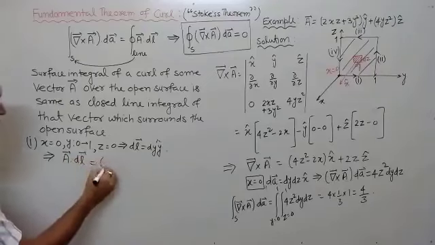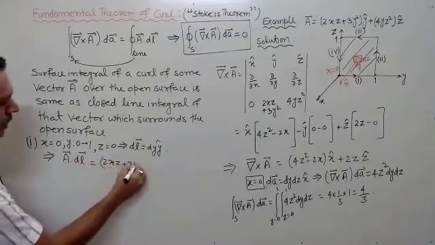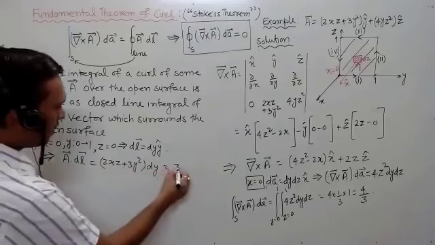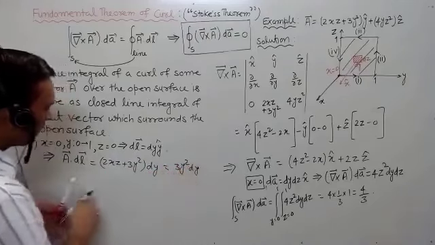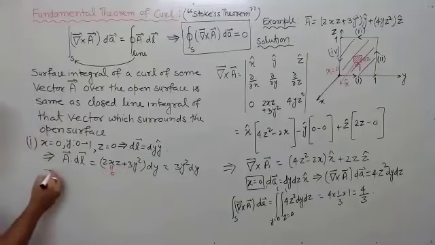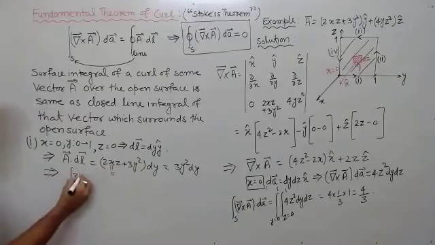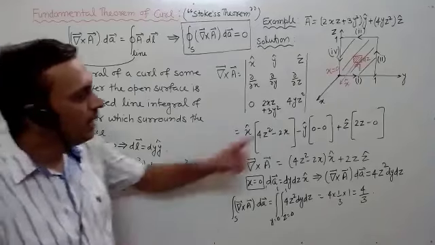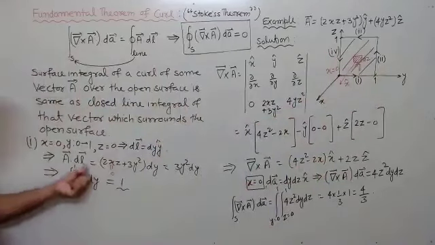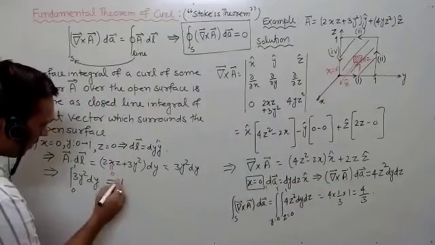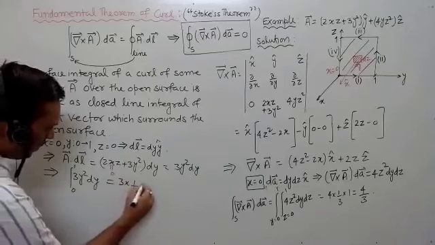A dot dl will be 2xz plus 3y square dy, and since x is 0, this is simply 3y square dy. Put x is equal to 0. So this gives the integral of 3y square dy with limits 0 to 1, which gives 1. The line integral along segment 1 will be 1, because this is y cube by 3 from 0 to 1, so the 3 will cancel out. You can see this is 3 into 1 by 3, that will be 1.